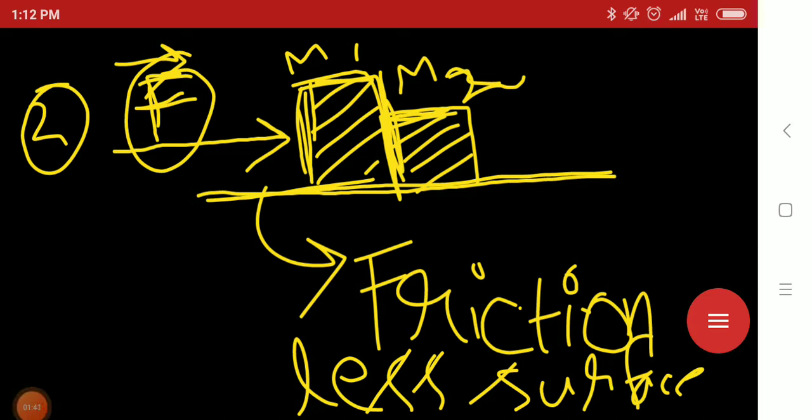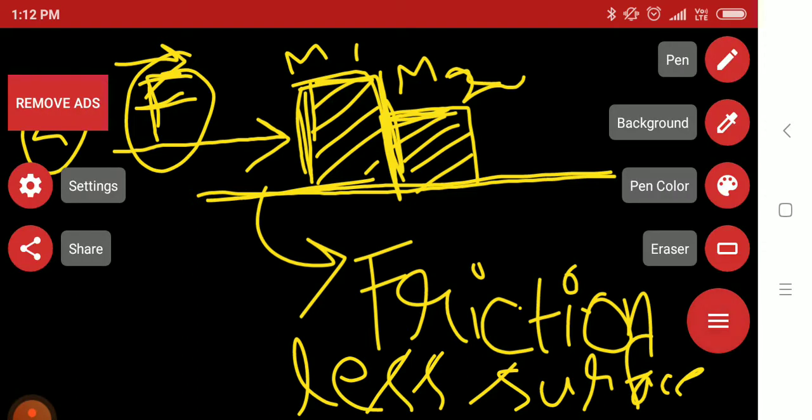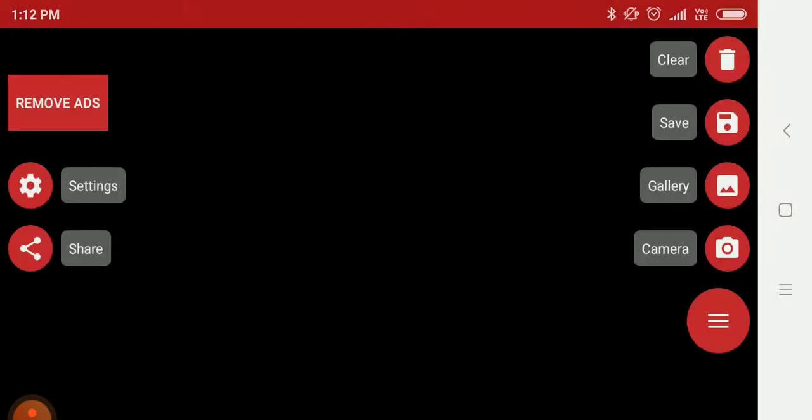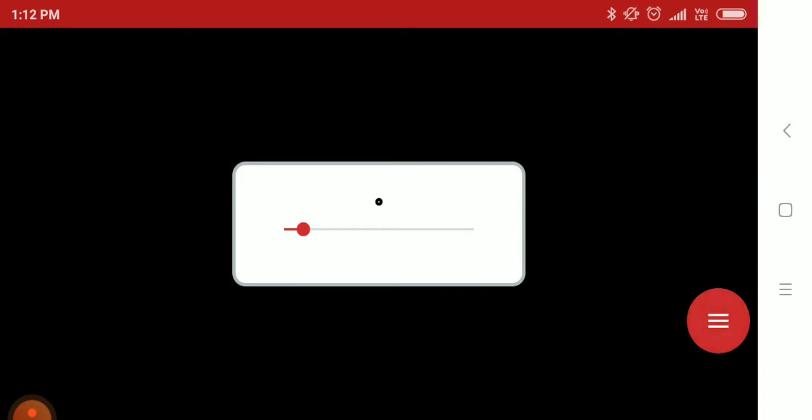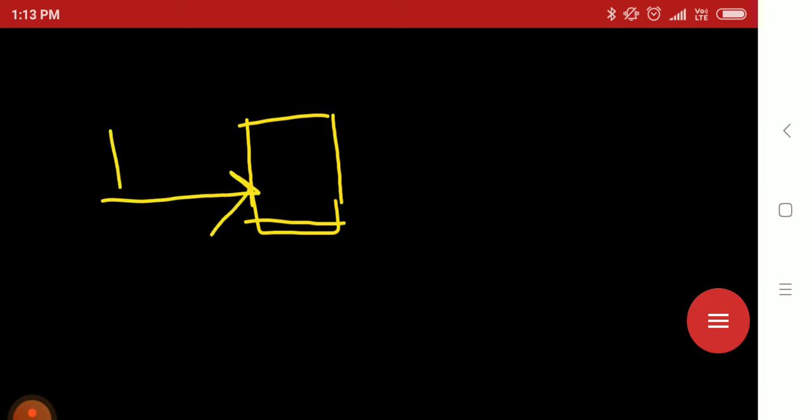For finding the contact force between M1 and M2, we first have to draw the free body diagram. First, drawing of the box. Now I will draw a horizontal force F. It is the mass M1.